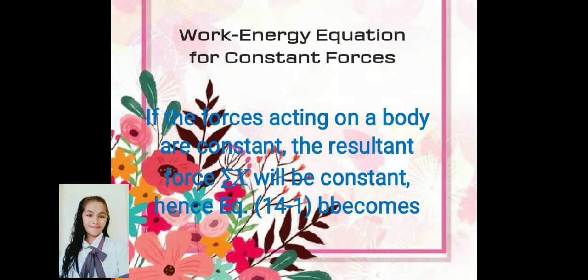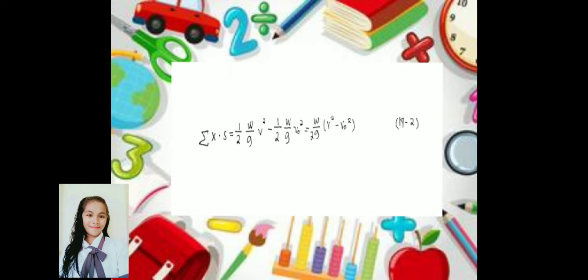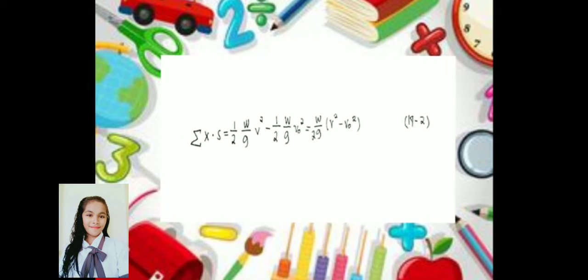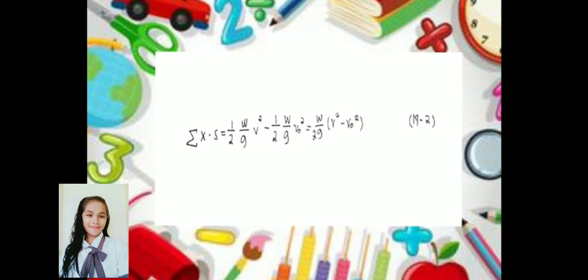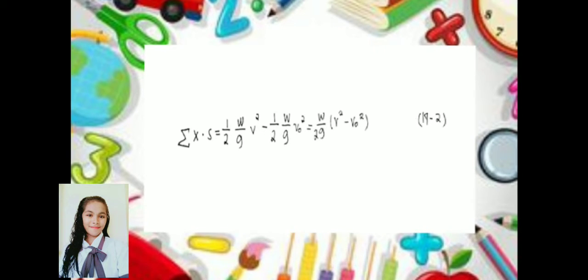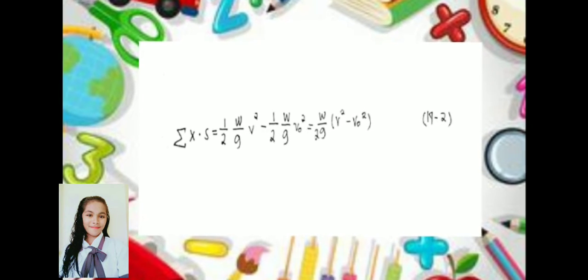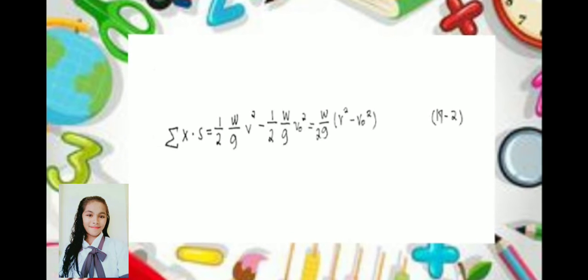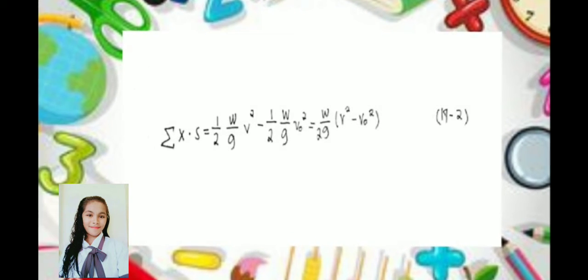Work energy equation for constant forces. If the forces acting on a body are constant, the resultant force of summation would be constant. Hence, equation 14-1 becomes the sum of F times s is equal to 1/2 W over g v squared minus 1/2 W over g v sub o squared, which is equal to W over 2g times the quantity v squared minus v sub o squared.